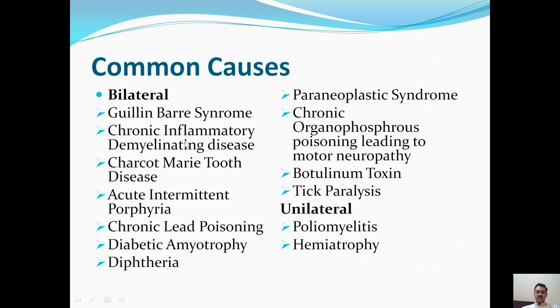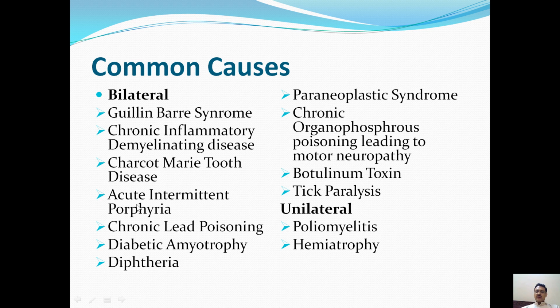Or chronic inflammatory demyelinating polyneuropathy is also similar to GBS, but the onset is chronic or slow, over an 8 weeks period of time. Charcot-Marie-Tooth disease is a hereditary type of neuropathy, and usually the onset is very slow, over years and years, and usually there is a family history.